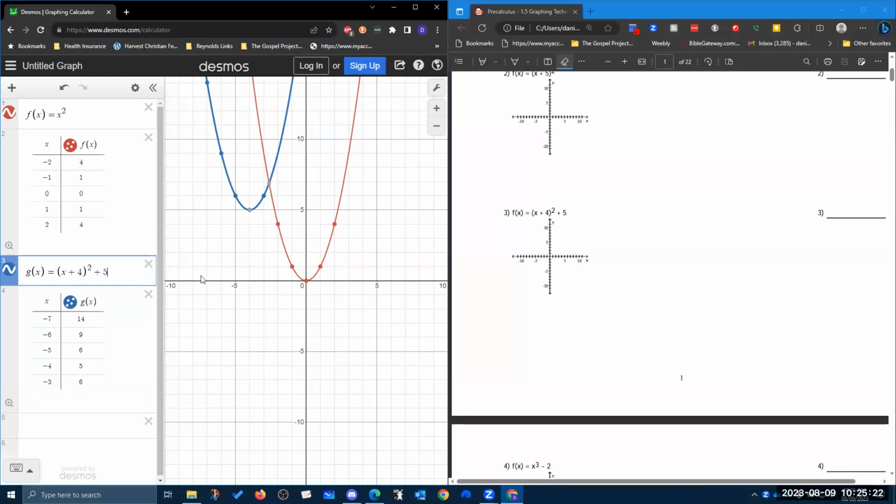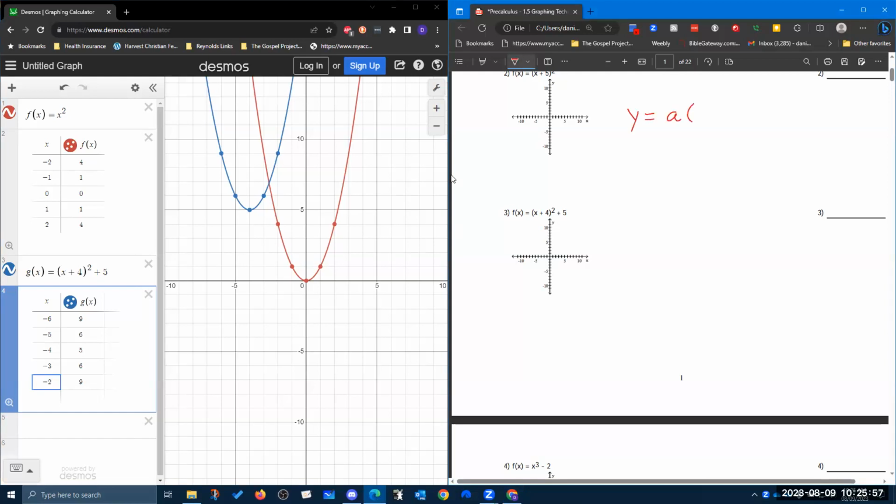And we can see now, hang on while I change these, that this is -6, -5, -4, -3, and -2, because I want my center to be at my vertex there at -4, 5. That'll be my vertex. Let me show you what I mean by that in vertex form of a parabola.